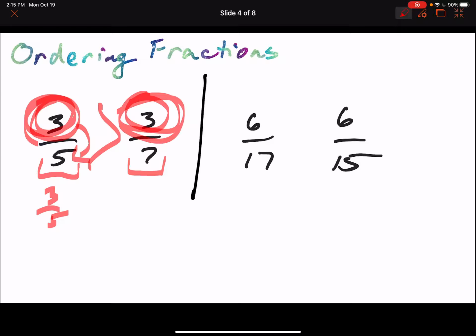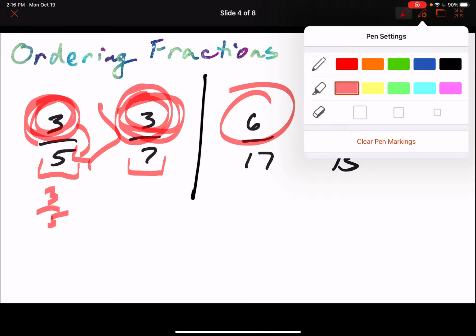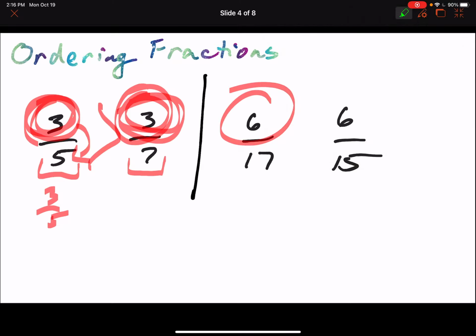If I'm looking at 6 and I'm comparing it to 3, what do we know about 3 and 6? So 6 is double 3, right? So if I really wanted to compare these numbers, I could just double this fraction. So I can say it is now 6/14, and this is 6/10.